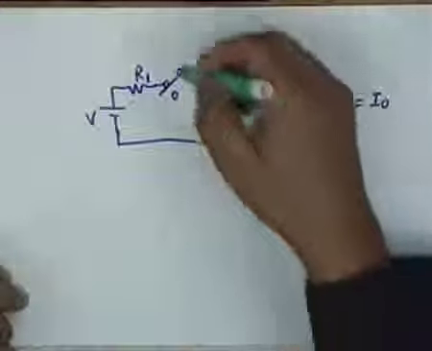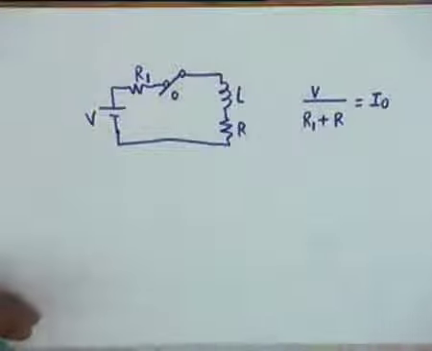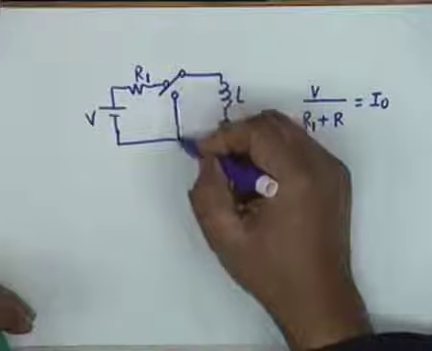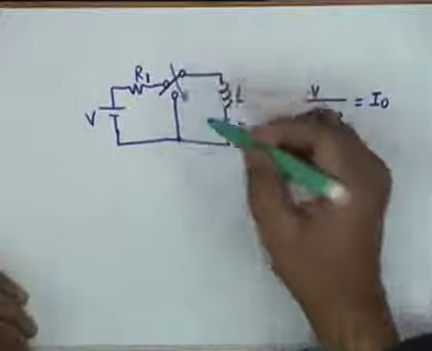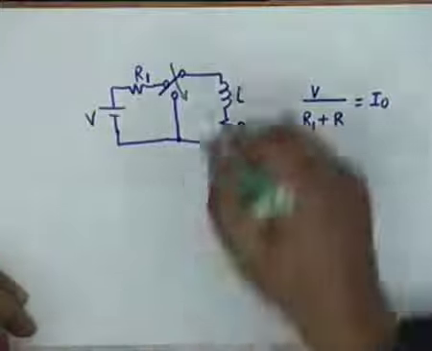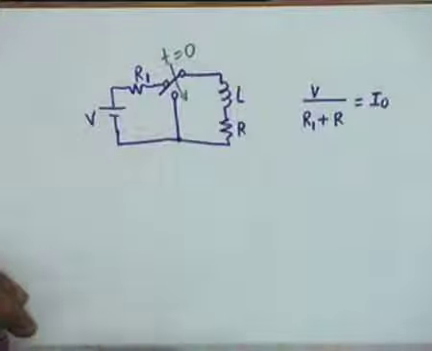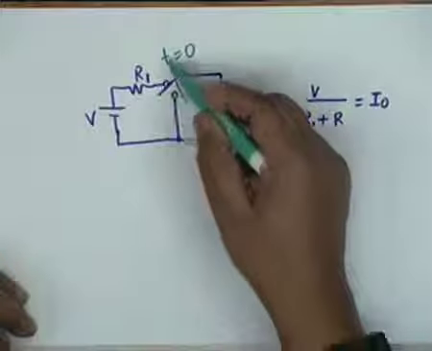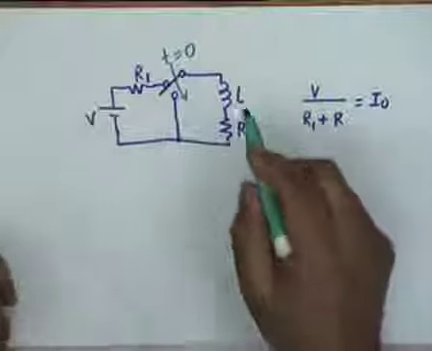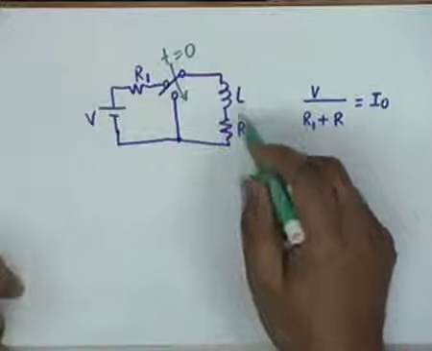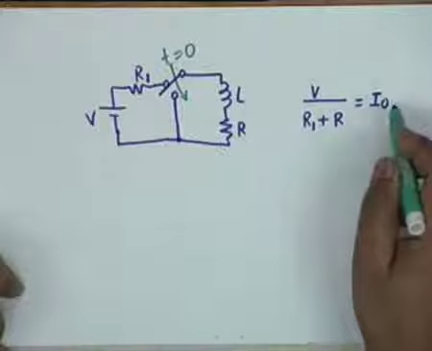At t equal to 0, this switch is moved in the downward direction. All right, this is how we indicate this. At t equal to 0, this switch is moved to the downward position, so that the inductor was carrying an initial current of I0.